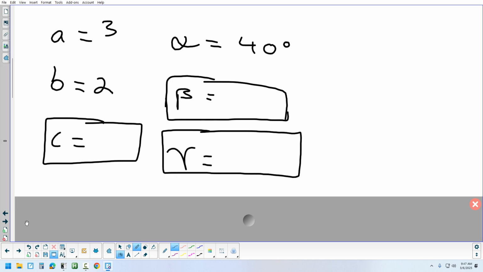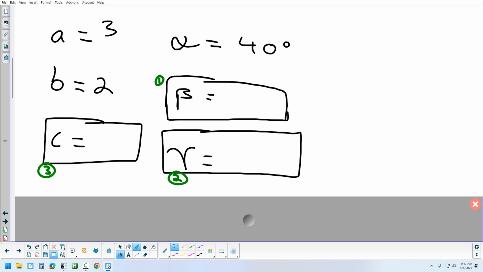Because you don't have enough information for either of those yet. Yeah, we don't have enough information to do anything with that bottom row, and I have no way to find any information in that bottom row. So I have to find beta first. Okay, the order that we're going to follow as we go through this one, you're going to have to do that first, then you can do that second, and then you can find C third.